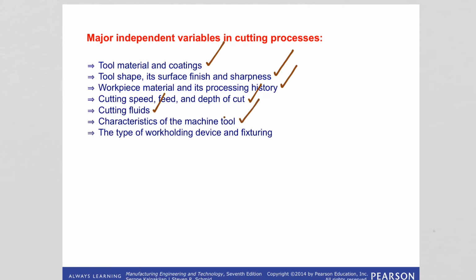The type of work holding device and fixturing, meaning how you fix your material while working on it. Those are all factors that affect the cutting process. We are not going to cover all of them, but some of them we will.